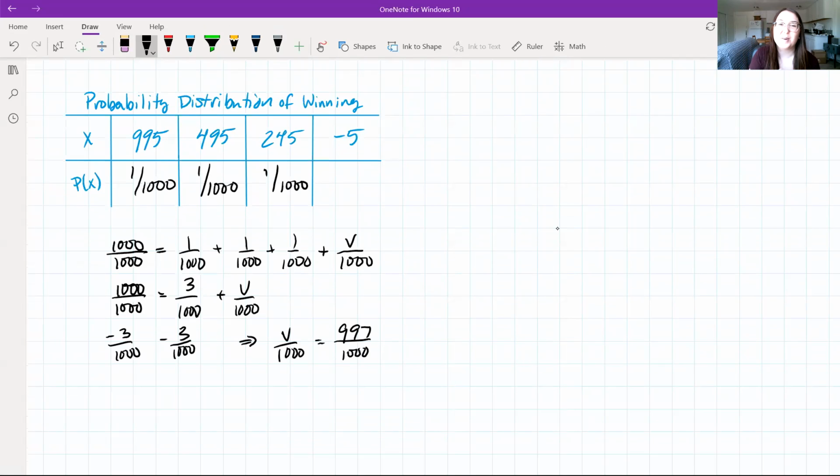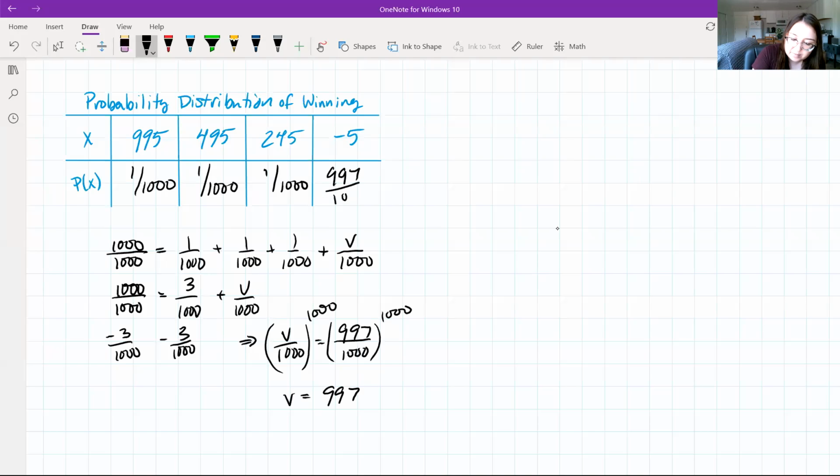We multiply by 1,000 on each side, and we know that v is 997. And we said that v was divided by 1,000, so we know our probability of getting -$5, or spending $5 on a ticket and not winning, is going to be 997 divided by 1,000. All right, so now we have all of our probabilities.